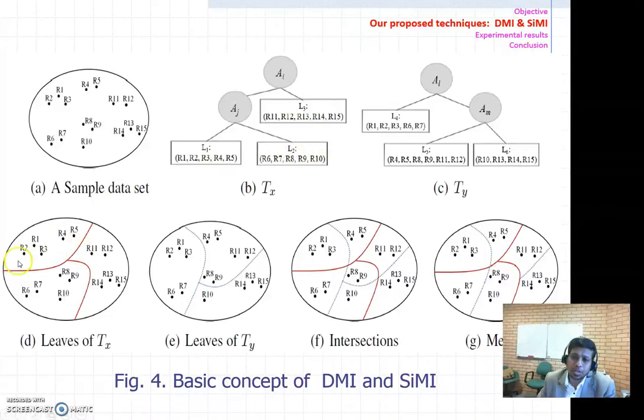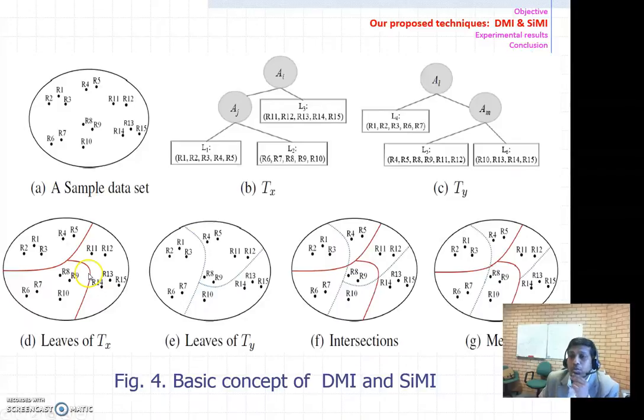So that can be pictorially demonstrated like this. This tree has 3 leaves, and these are the leaves. So this is possibly leaf 1, R1 is in leaf 1, and this is leaf 2, and this is leaf 3. So the whole data set can be divided into 3 leaves.